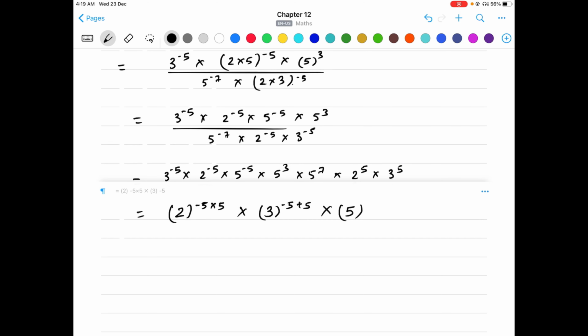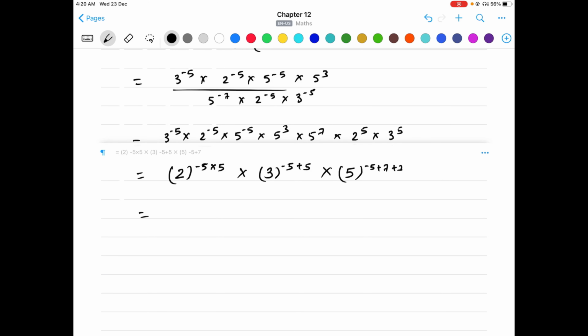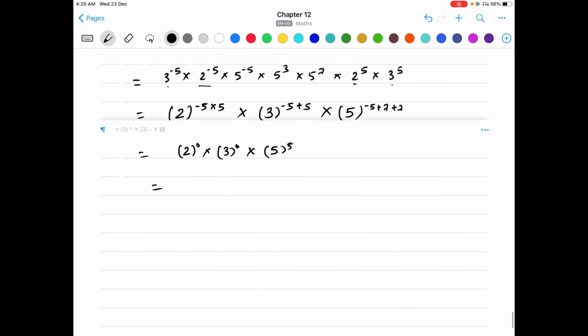Multiply to common base number 5: we have minus 5, then plus 7, and plus 3 also. So this minus 5 plus 5 will change to 0. Similarly, minus 5 plus 5 will change to 0. Then into 5, this 7 plus 3 is 10, minus 5 is 5.